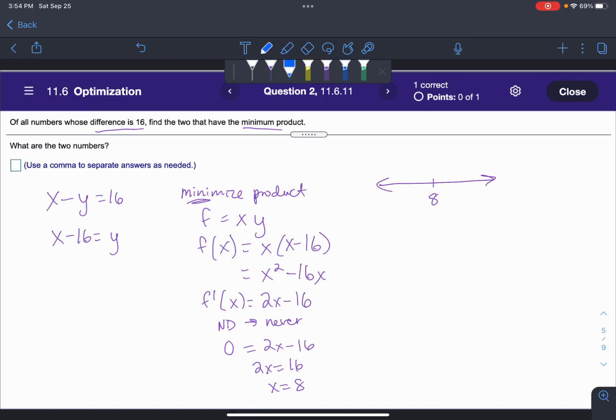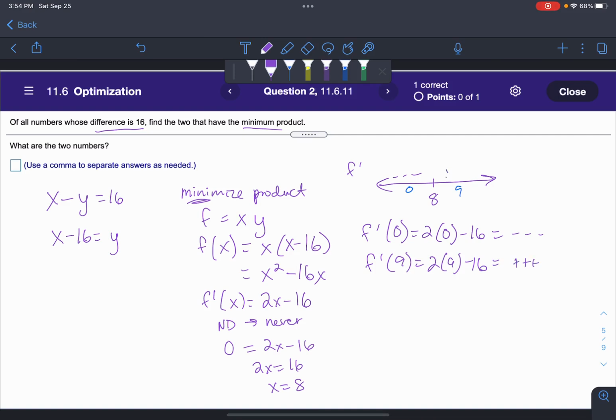So let's plug in the test points 0 and 9 into our first derivative. f prime of 0 is equal to 2 times 0 minus 16, so that will be a negative number. And then f prime of 9, plug that in, and so that's going to be 18 minus 16, which will give me positive 2.